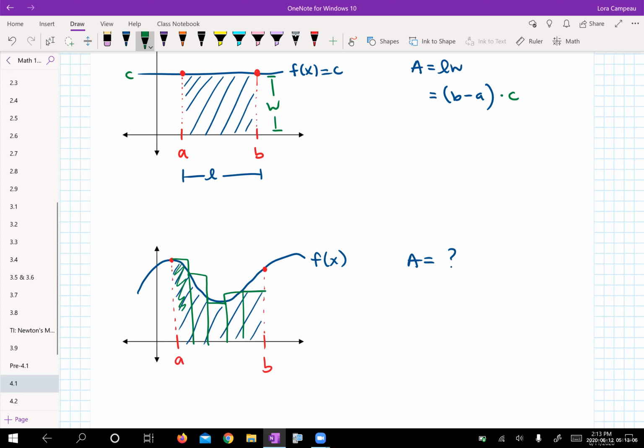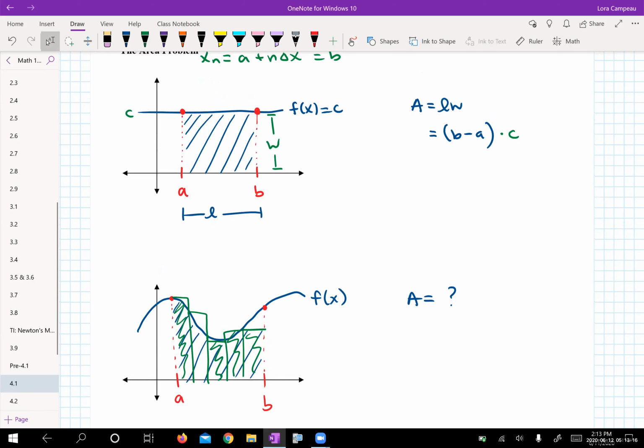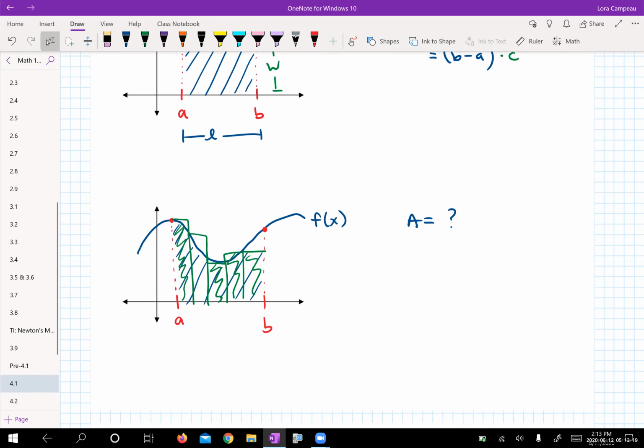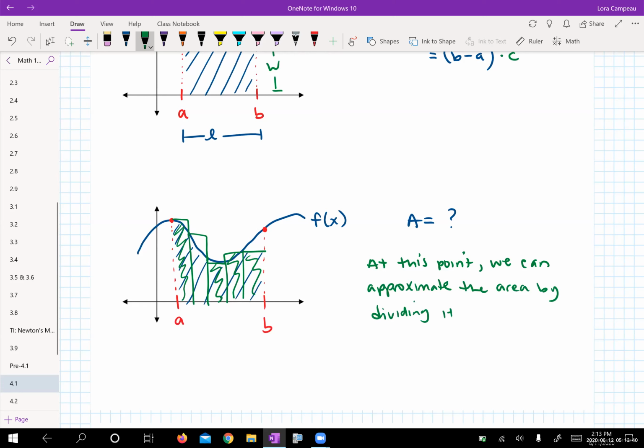But when you find the area of all these little rectangles, they should give you a good approximation of what the area is. So we try to break it up into a formula that we understand, and then we'll see the motivation behind this. So just remember at this point, right now we can approximate the area by dividing it into rectangular regions.